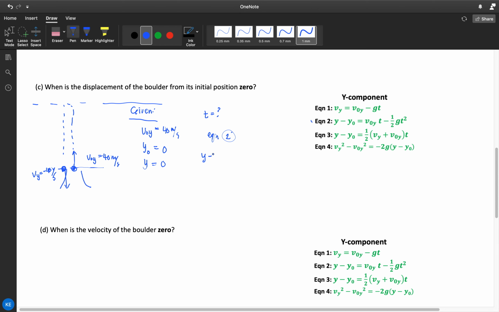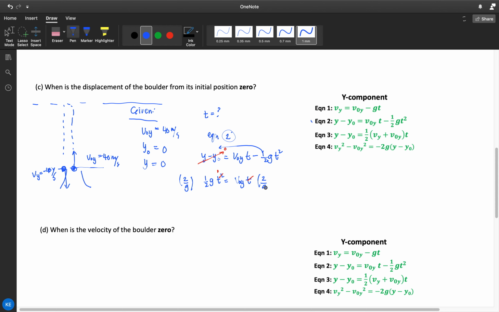Okay, so you'll have y minus y sub o is equal to v sub oy t minus 1/2 gt squared. So y sub o is simply equal to 0, and then move or add both sides by this term, gina-term nilang transpose. So you'll have positive 1/2 gt squared is equal to v sub oy times time t. So na ay mag-cancel out na common, that would be your time. And multiply 2 over g both sides of the equation.